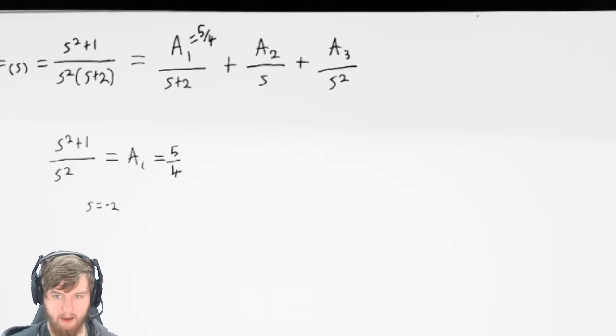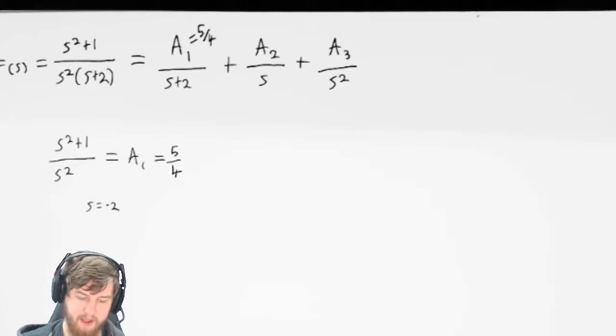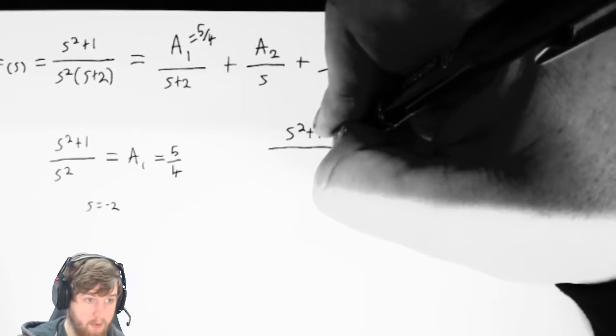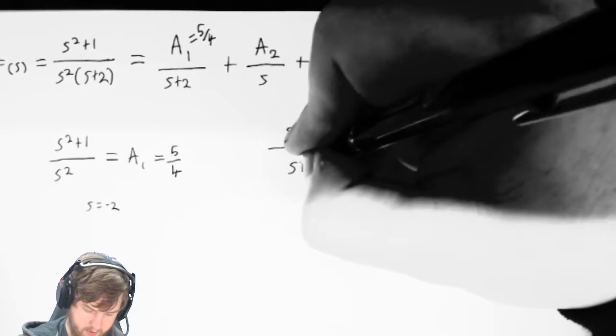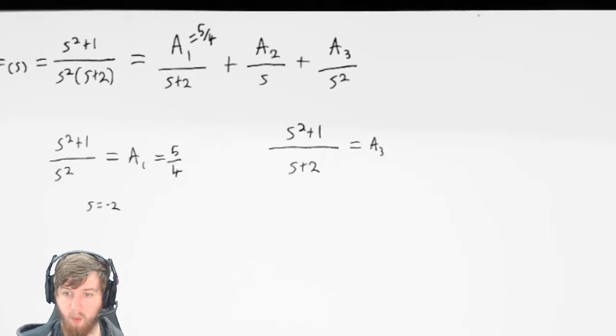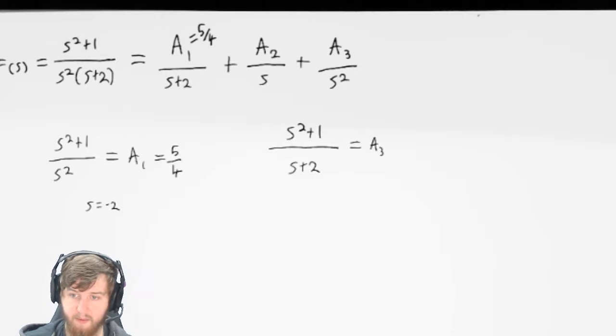Cool. We can't do a2 because there's no s really to cover up. We can do a3 because we can cover up the s squared. So if we cover up the s squared on the denominator, we end up with s squared plus 1 over s plus 2 is equal to a3 when s is set to 0, because the root of s squared is 0.